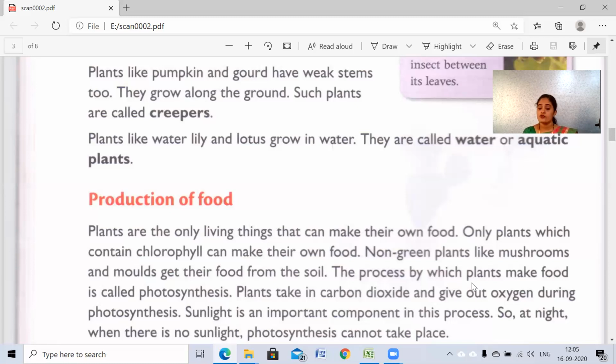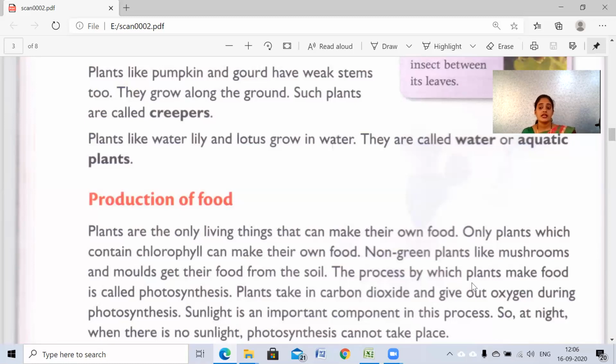In the presence of sunlight and chlorophyll pigment, they start preparing the food. That food we call carbohydrates or glucose. With that, the plant releases oxygen. Okay. So plants take in carbon dioxide and give out oxygen.